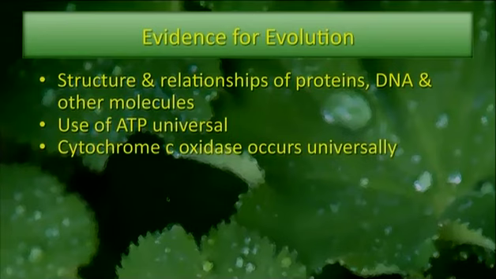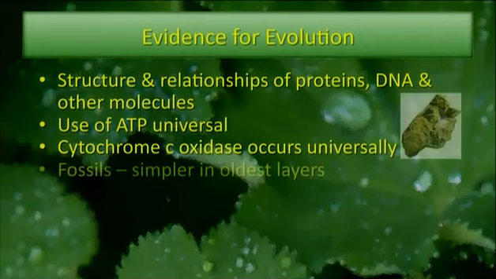Another universal is cytochrome C oxidase, an enzyme. The use of ATP and also cytochrome C oxidase must have both evolved very early in life. Both of them appeared very early in the history of life on Earth, and they were then inherited by all organisms that are alive now. So that actually points to the relationship of all living things.